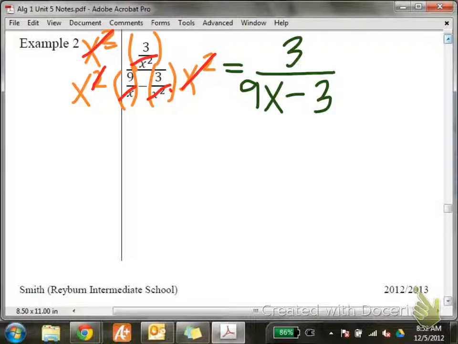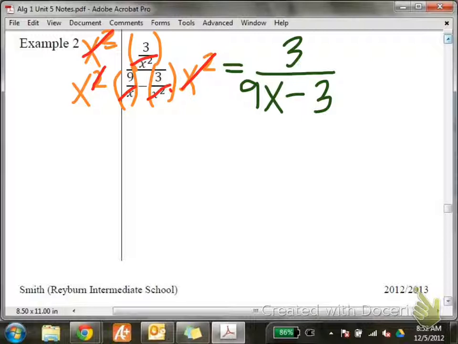Agree. Good. Okay, so my next step then, does it look like I am finished? No. What can I do in the denominator? Alexia, what can I do next?